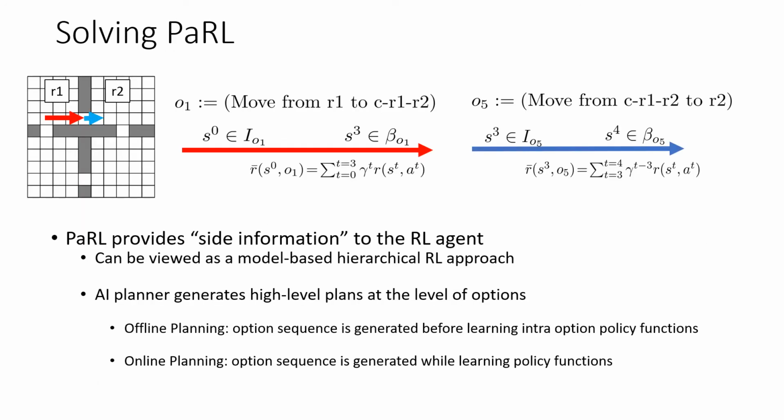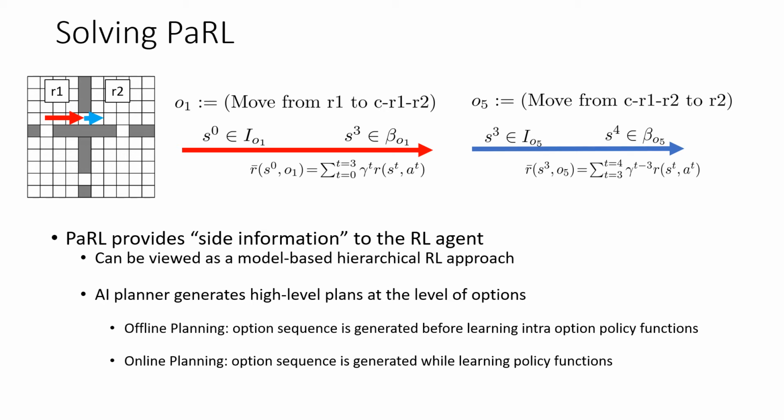For solving PARL, we can use both reinforcement learning and planning algorithms. For the room navigation domain, at the higher level, we see the symbolic planning states at the level of movements between the rooms. In this case, from room 1 to room 2. If we treat this as a symbolic planning problem, the first action in the plan declares the agent to stay at the corridor between room 1 and room 2, and then the second action declares the agent to reach the second room.